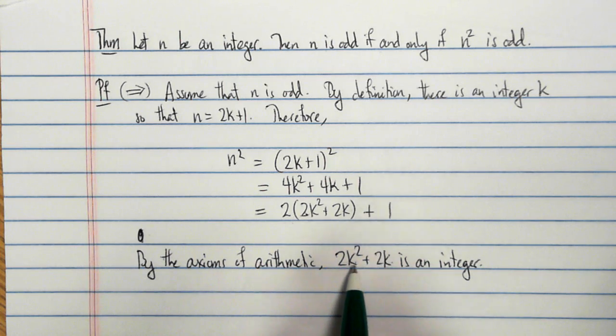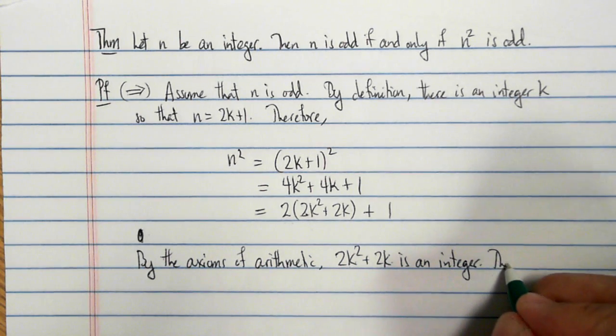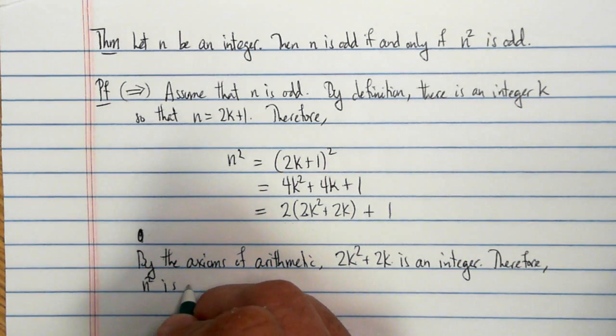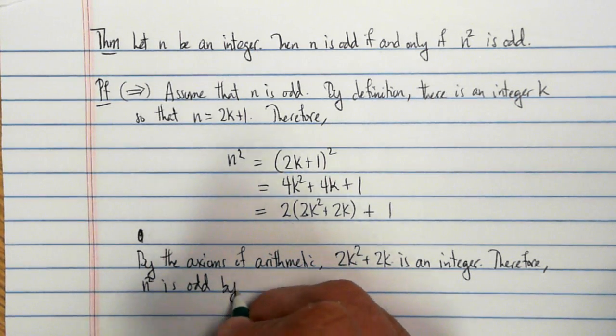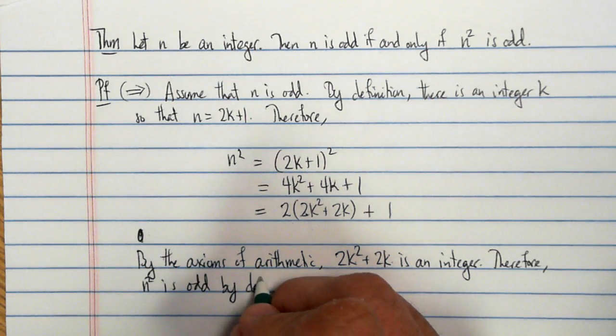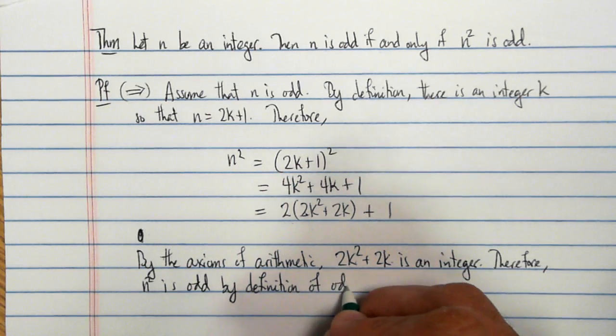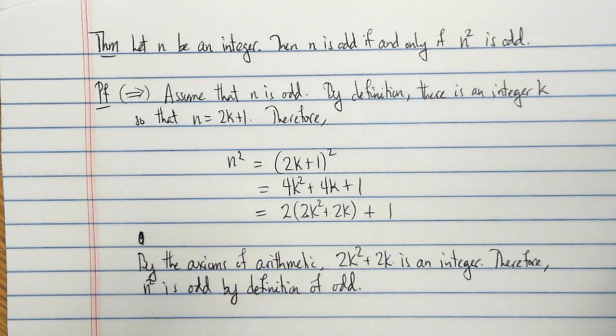And if both of those are integers, then the sum is an integer. Therefore, n squared is odd by definition of odd. Okay, so that's the first proof.